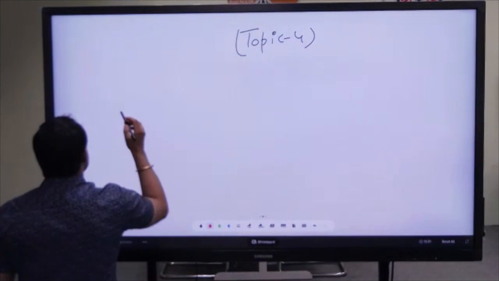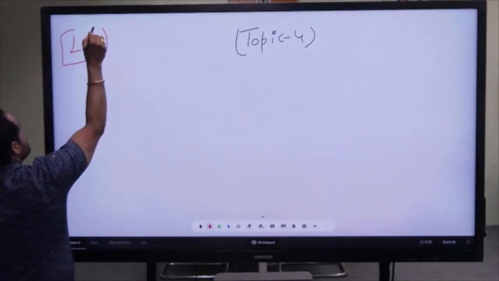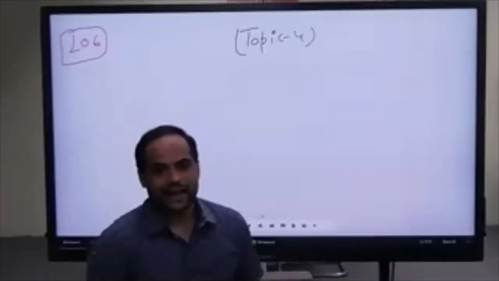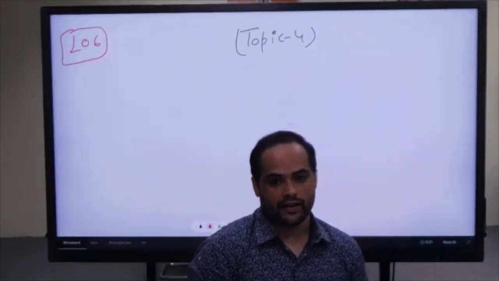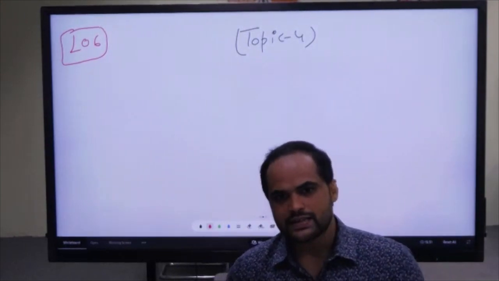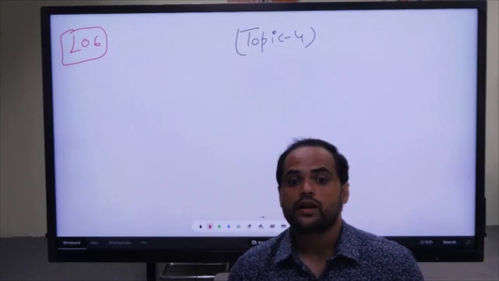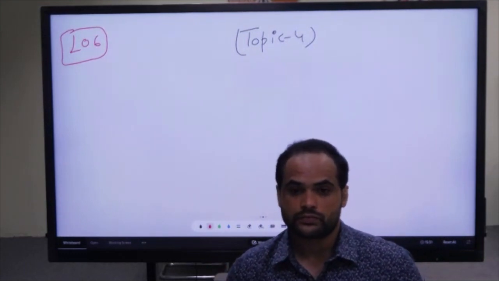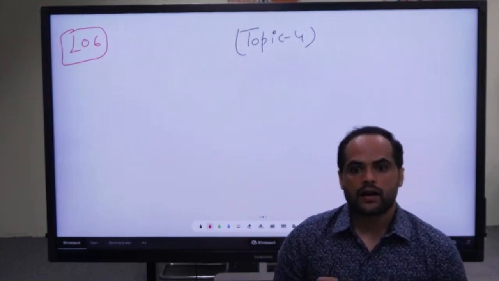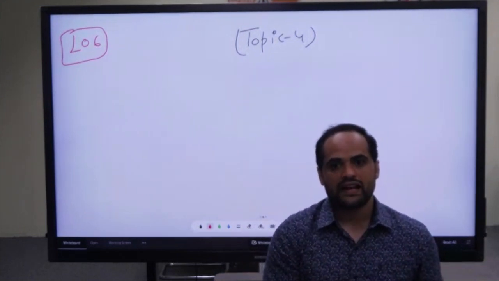Learning outcome 6 is allocation of overhead, right? Allocation of overhead is different from allocation of service department cost to the production department. Now, what is the difference between learning outcome 5 and learning outcome 6?